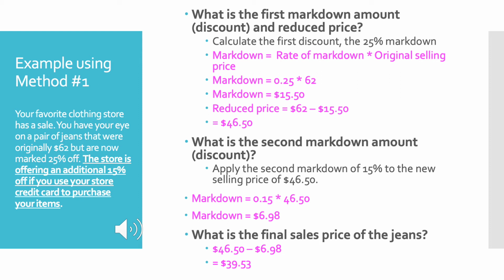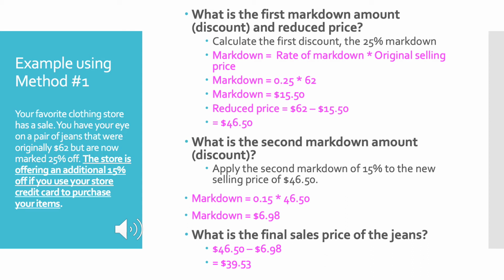To find our markdown, just as we did a few slides ago, we take 0.25 times 62 and we get $15.50. That means we're going to take the $62, subtract off the $15.50 to get an initial sales price of $46.50. From there, we're going to apply the second markdown of 15% to get the new selling price. So we take our 0.15 times the $46.50, and that gives us a markdown of $6 and about 98 cents.